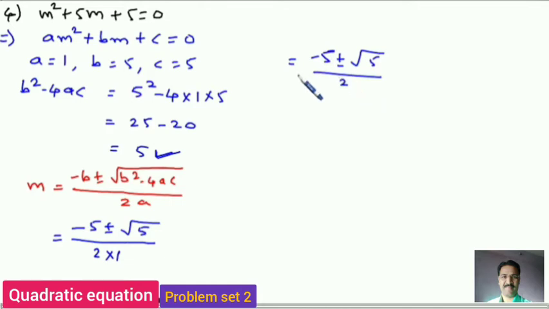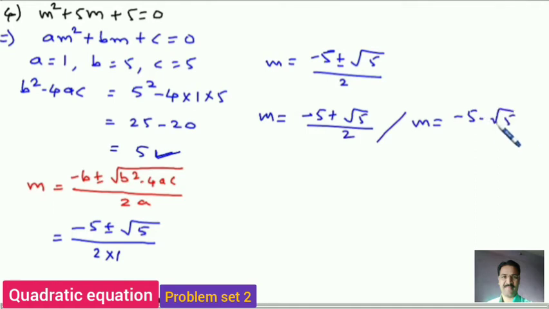Finish. We cannot simplify anything here because 5 is a prime number, so keep it as it is. That is the answer: m is equal to minus 5 plus under root 5 upon 2, or m is equal to minus 5 minus root 5 upon 2. Like this we can solve the example.